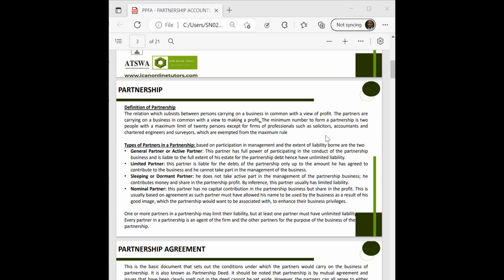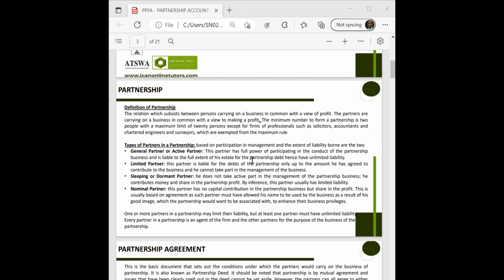So there are different types of partners in a partnership, and this is usually based on their participation in management of the company. Are they involved in the running of the day-to-day activities of the company, or to the extent of the liability that they owe? When you say liability that they owe, it means that if anything goes wrong, to what extent are they liable?